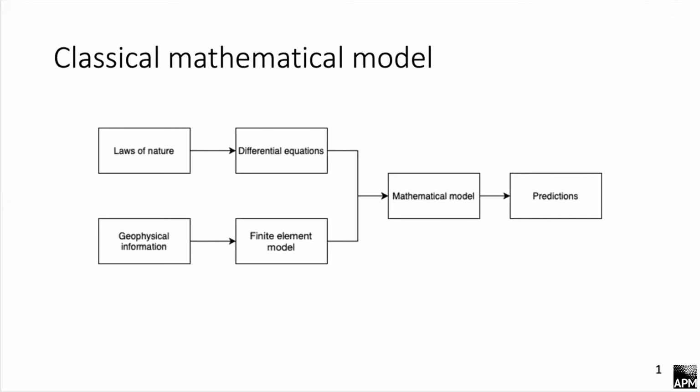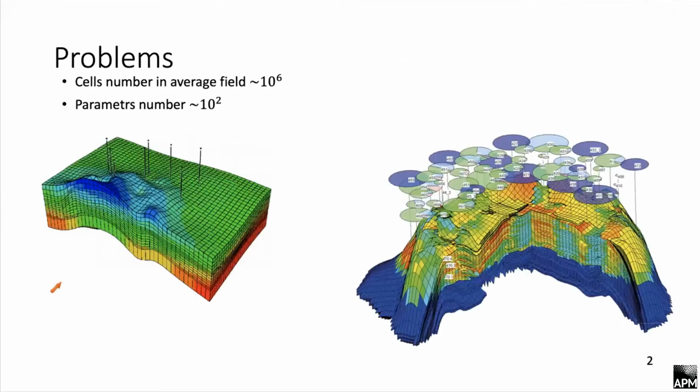All this leads to a decrease in the speed of calculation, and it is very bad. By the way, the number of cells and parameters is significant even in medium-sized fields. So it is a very big problem nowadays.